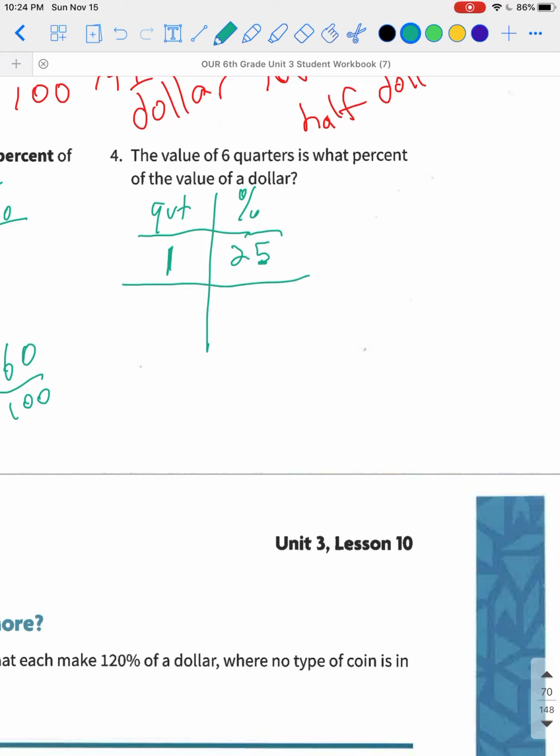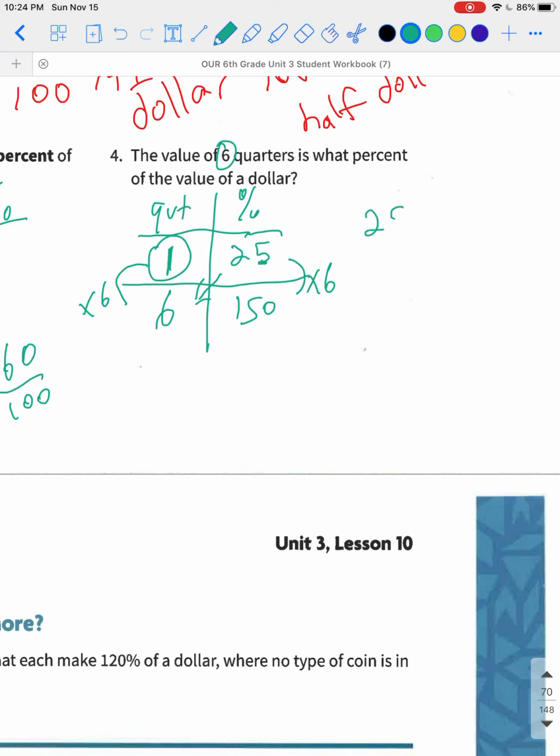Well, how many quarters do we have? We have 6. We'll put 6 here. Again, you can cross multiply. 25 times 6 divided by 1. Or we know to get from 1 to 6, we multiplied by 6. So again, 25 times 6. And that gives us 150.